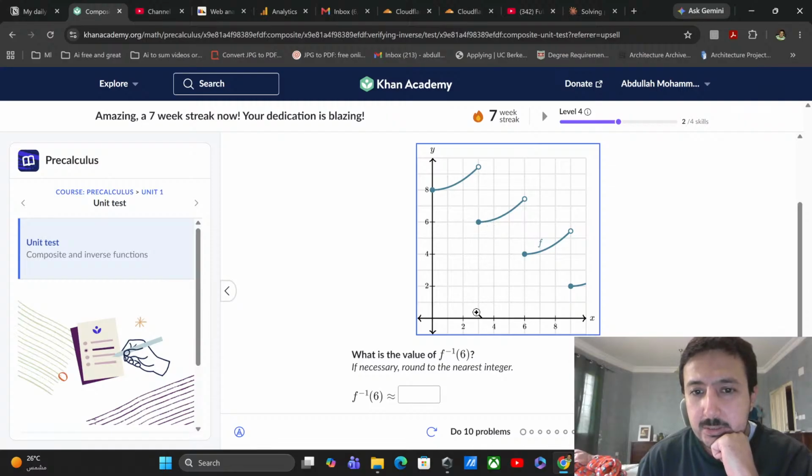It's 6. F of 6 equal 4. So I get 4, 4 equal 6 also.